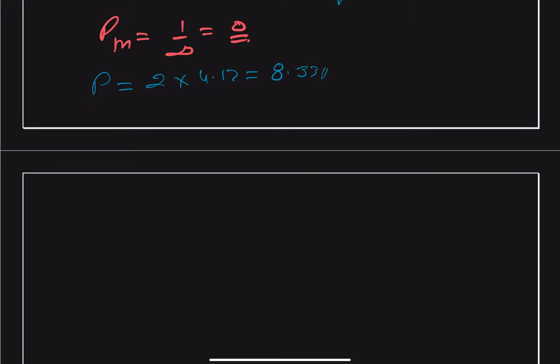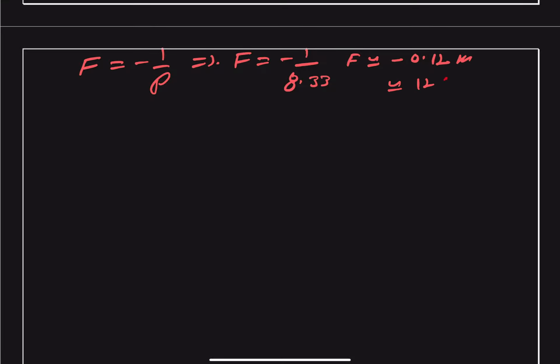This comes as 8.33 diopters. Now we can find the focal length, capital F, equal to 1 upon P, which gives F equal to minus 1 upon 8.33, so F is approximately minus 0.12 meters, or approximately 12 centimeters.